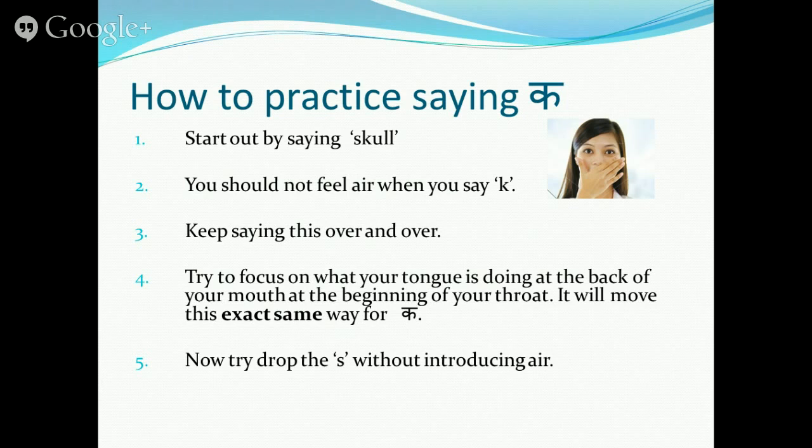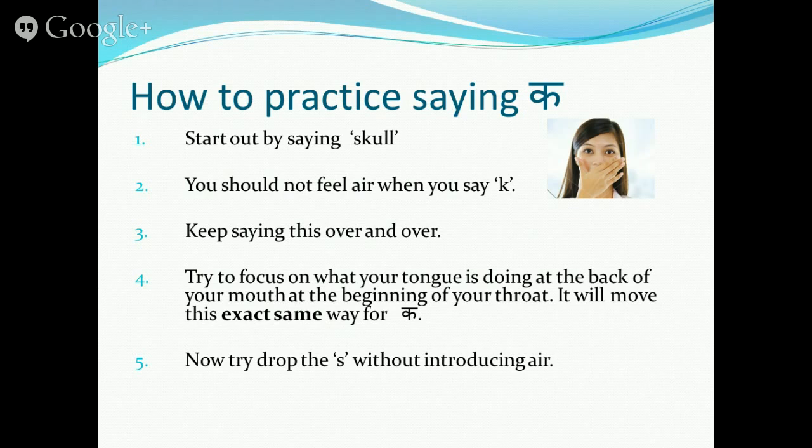Skull, skull, kill, skull. Try to isolate that difference. Then eventually try to drop the S without introducing air. And remember, your hand should be over your mouth about an inch away.